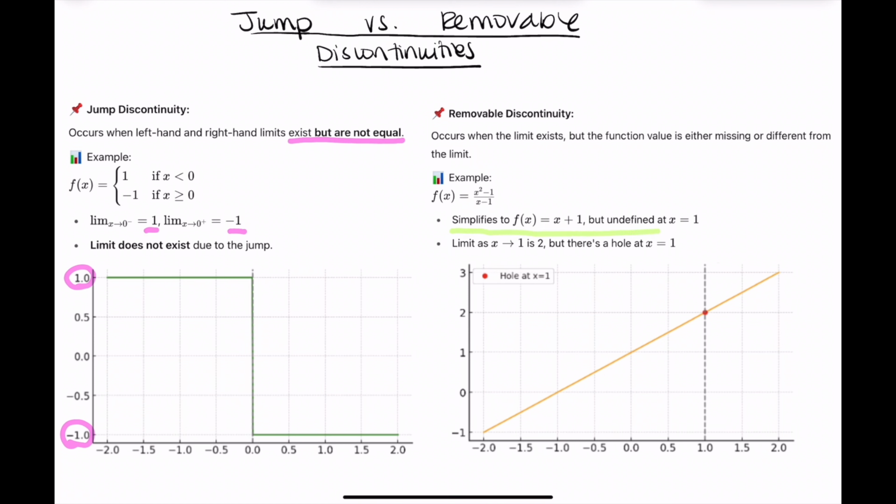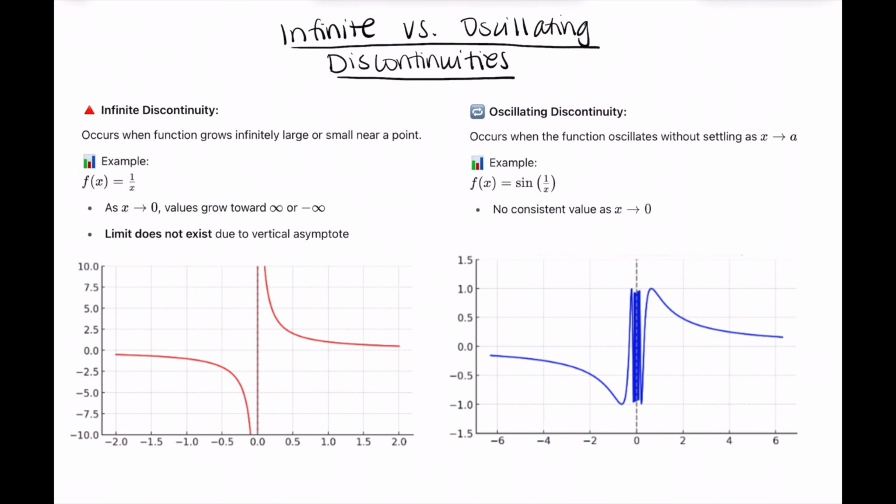But because we canceled out that x minus 1 top and bottom, our function is undefined at x equals 1. Therefore, there is a hole at x equals 1. The limit as x approaches 1 of f of x is 2, but there is a hole, so it is a removable discontinuity.